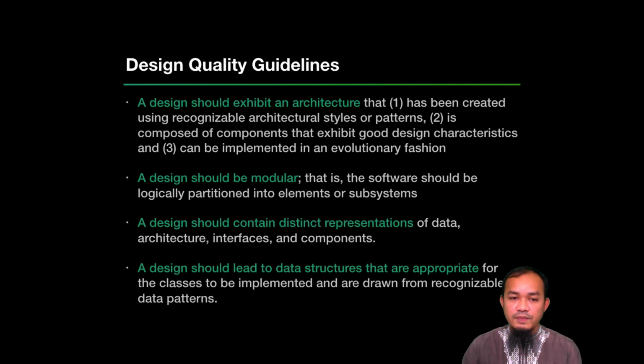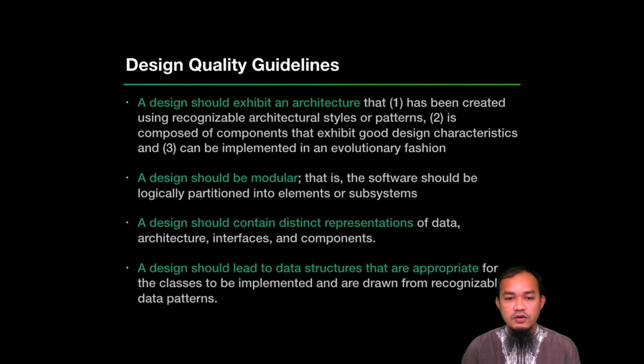We call it modular. A design should contain distinct representation of data, architecture and interface component. So after we have the modular design, it should be a distinct representation that can be directed from one to another. It should have a relationship between them, but there should be distinct also. They should not merge all at the same place.